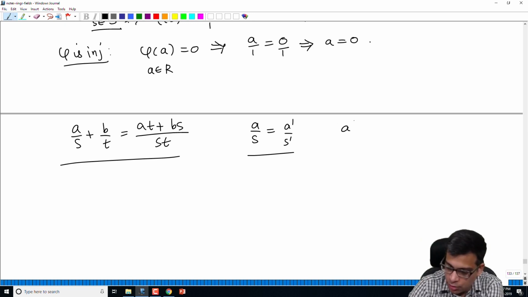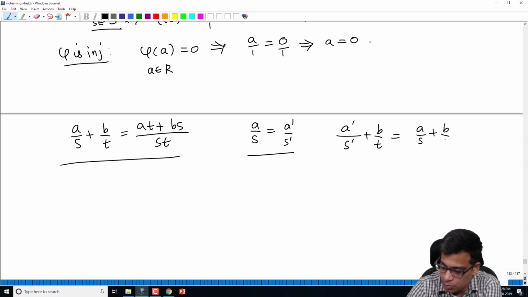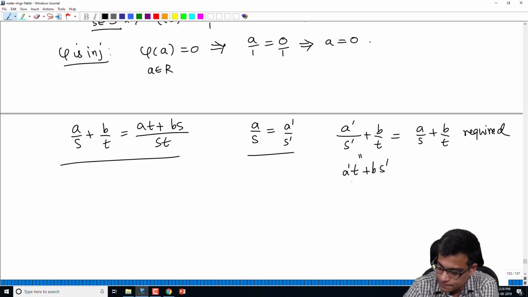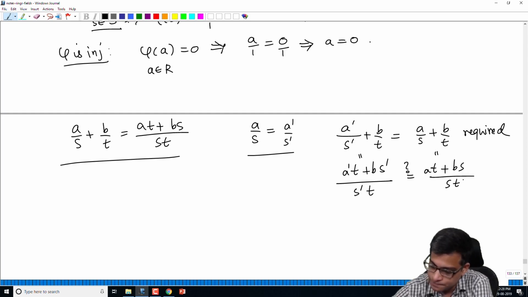So then we want to check that A prime by S prime plus B by T is equal to A by S plus B by T. This is required for well definedness. But what is this? This is A prime T plus BS prime by S prime T. And the question is whether these are equal, AT plus BS by ST.